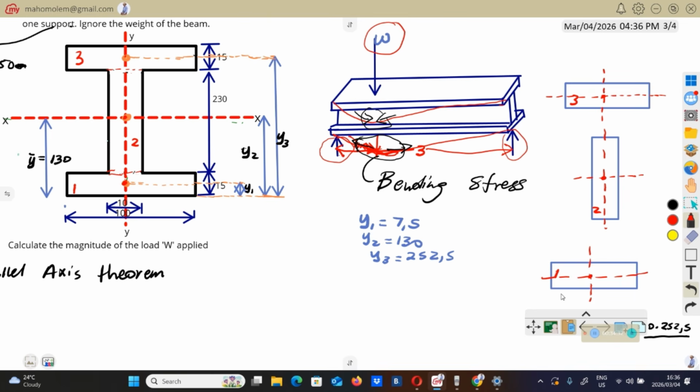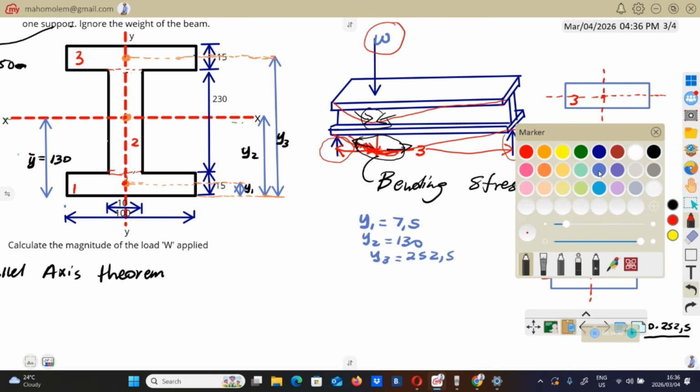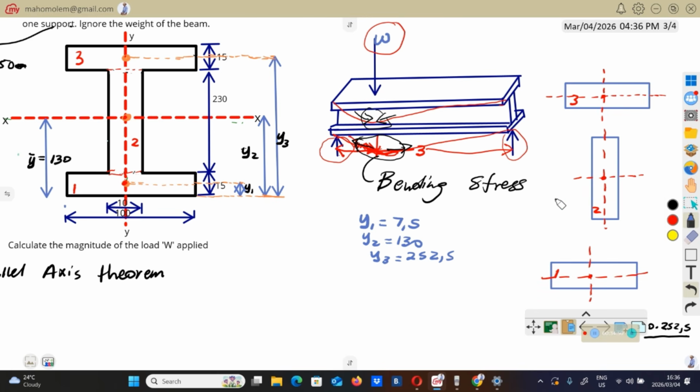Now, we're going to call one of them XX, meaning that we're going to call this dotted line maybe XX, this one YY, or the other way around. We're going to use this as a guideline. It's not the rule, it's not fixed, it's not a must.